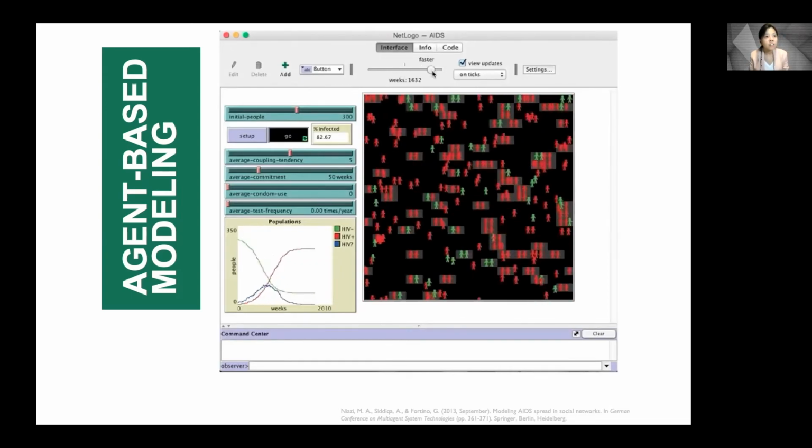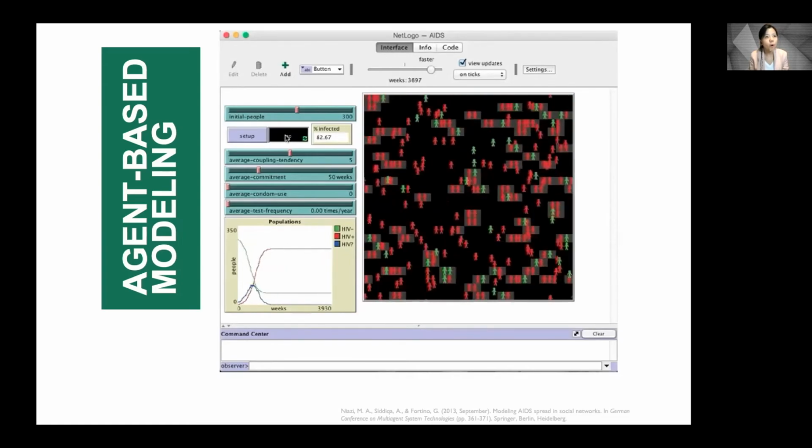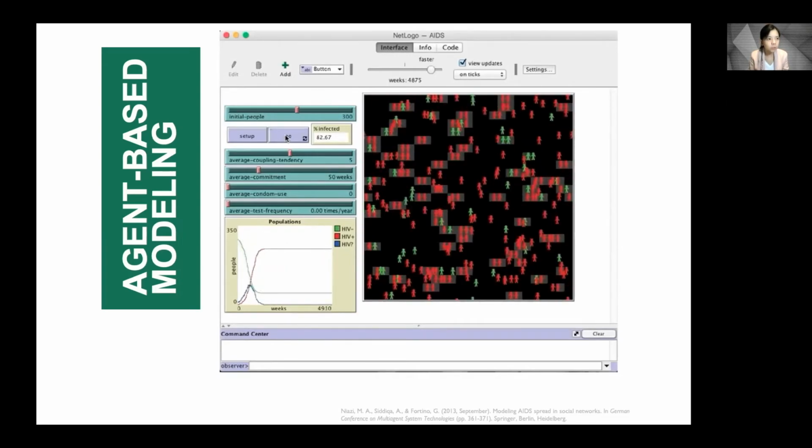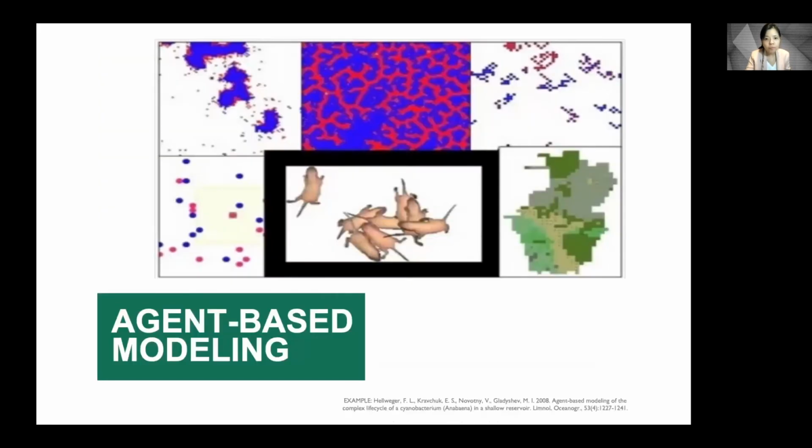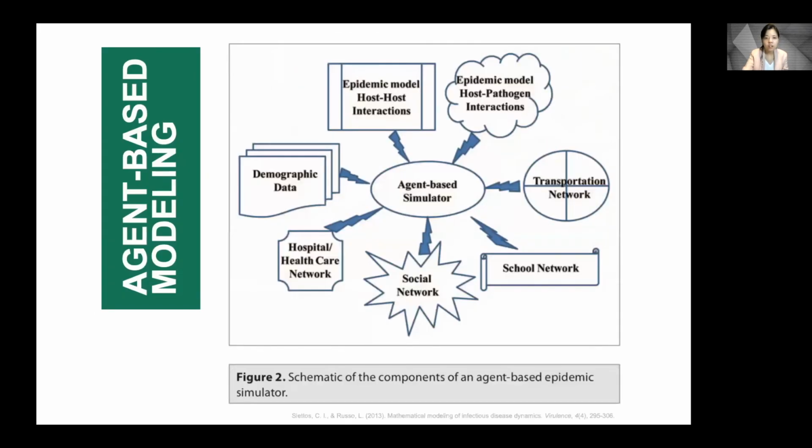So you'll see that once there are more interactions between red and green, there will be more red at some point. Agent-based modeling can also be applied to study, for example, or model the complex life cycle of cyanobacterium in a shallow reservoir. So it's not limited to epidemic modeling.